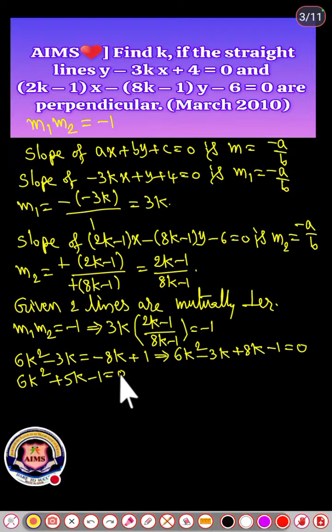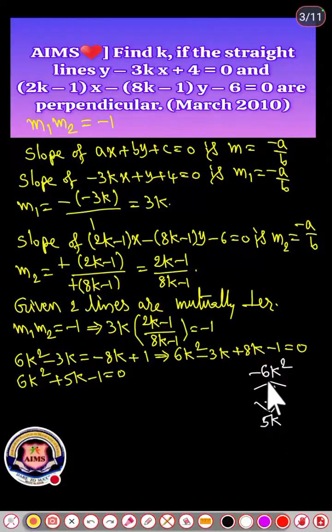This is a quadratic equation. We can factorize. So first and last multiply, you get minus 6k square. Okay, so you can write like this, middle value 5k. Take any two numbers, if you add those two numbers you must get 5k.